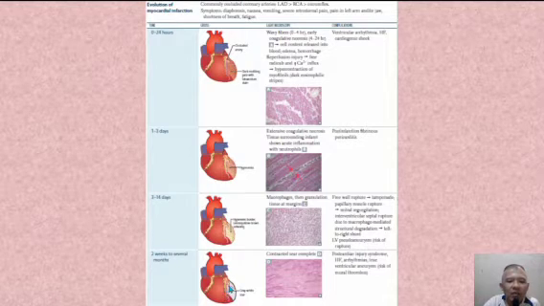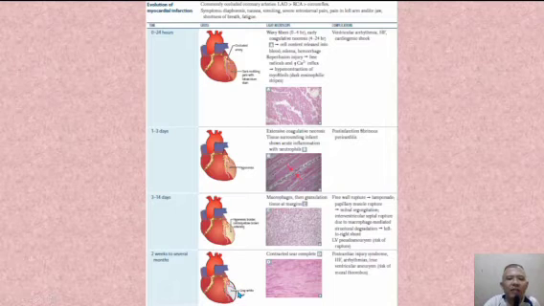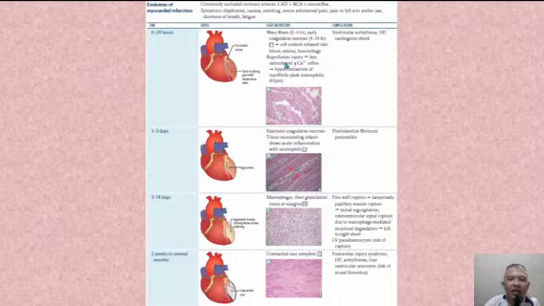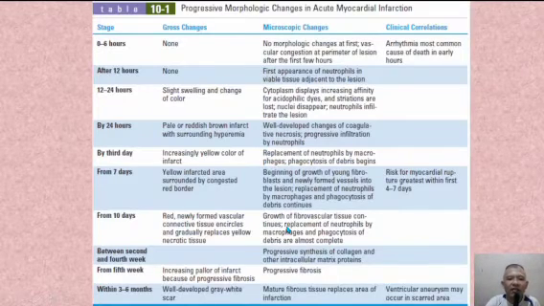And much later, it will be covered with a scar, fibrous tissue. Initially, you have wavy myocardial fibers, and it ends in the formation of a scar. So you can always go back to this. Take note of the timeline.